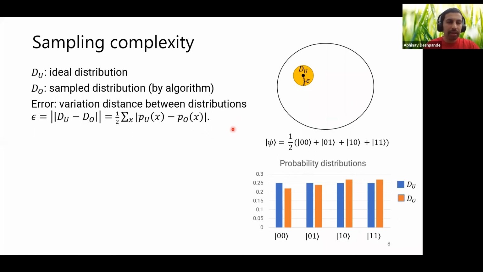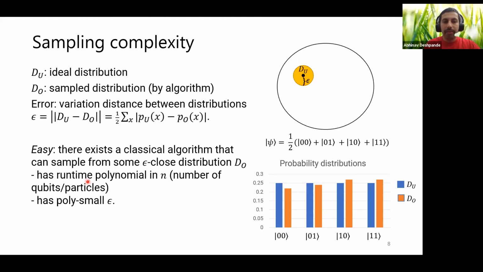We say that this task of approximately sampling from D_U is easy if there's some classical algorithm such that two properties hold. One is that the runtime of the classical algorithm is polynomial in n, the number of qubits or particles the Hamiltonian is described on.